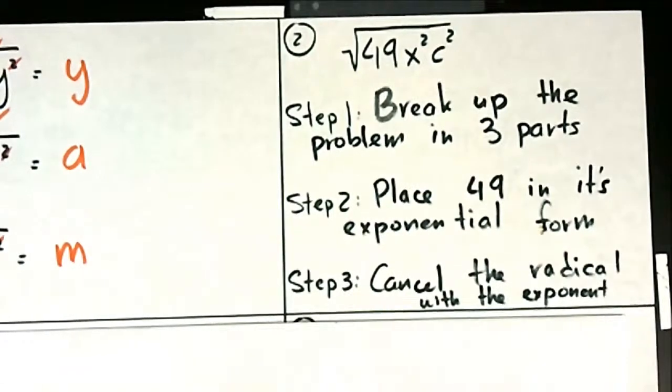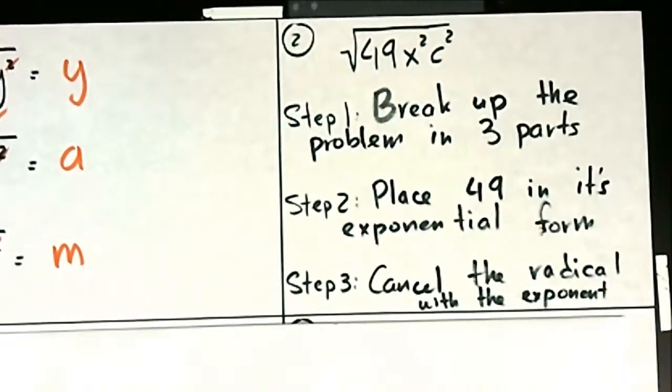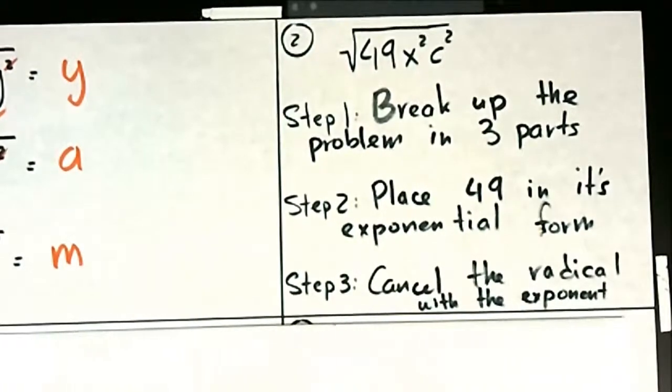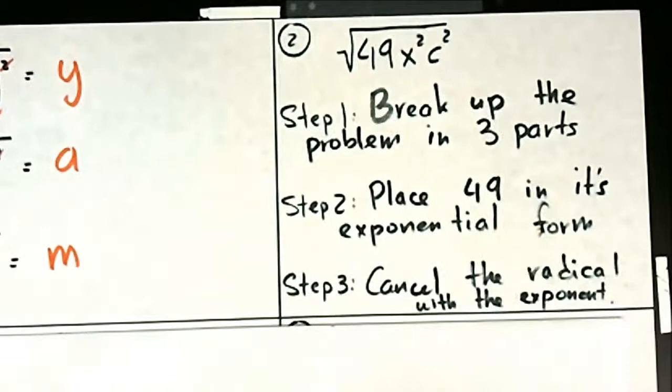And you would do this 3 times for each different part, and that would solve your problem, because they're both second power. You can cancel the radical with the exponent. Questions on number 2?